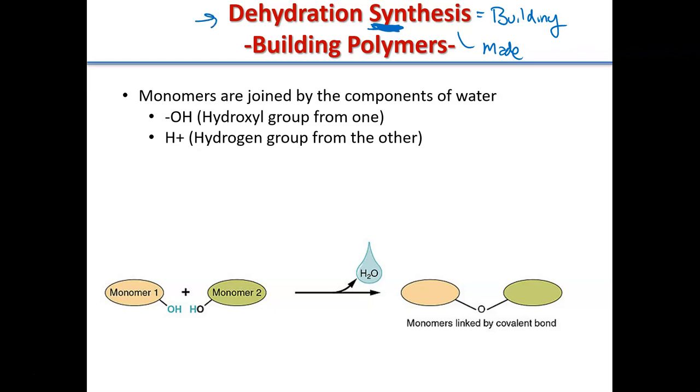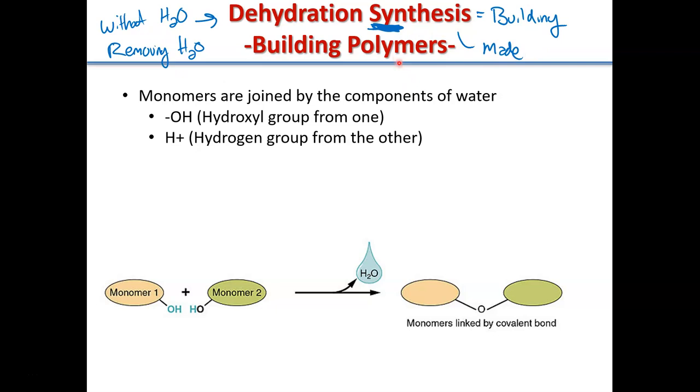Dehydration, you know what that means. That means without water, or in this case, removing water. That's going to be a hint for you moving forward. Dehydration means removing water, and synthesis means to make or to build.